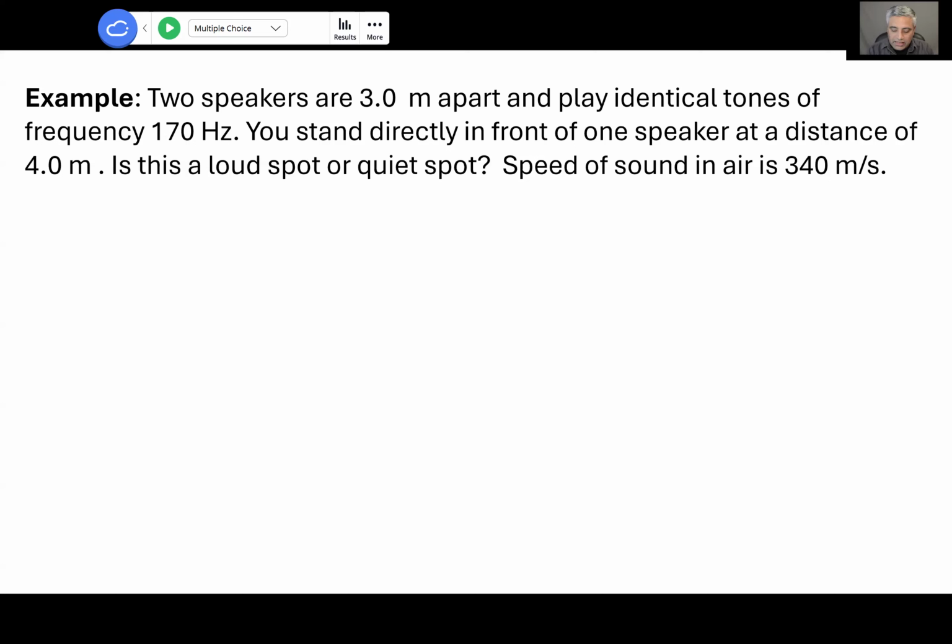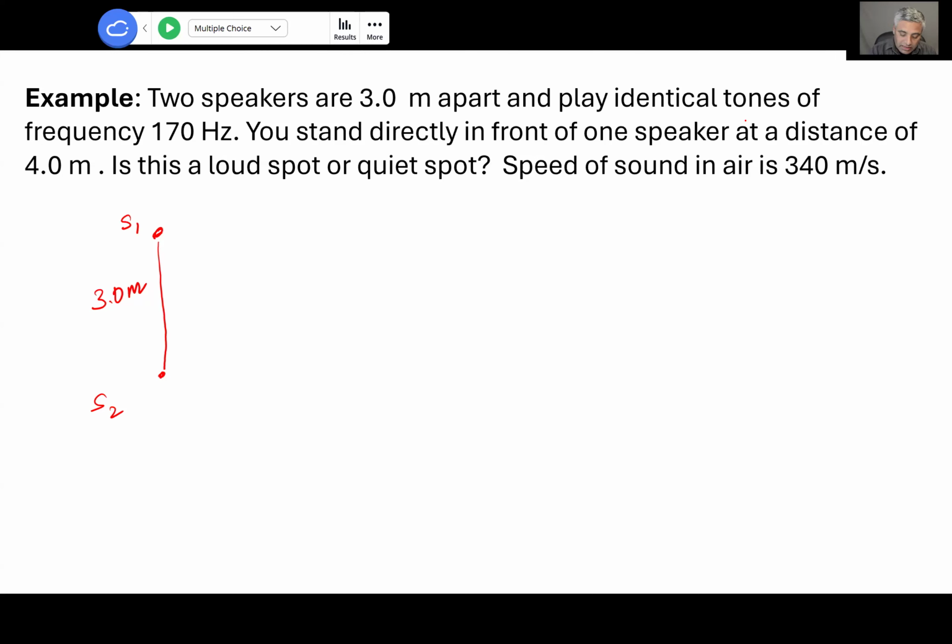Here it says two speakers are 3 meters apart. So let's say there is speaker number 1 and speaker number 2, and the distance between them is 3.0 meters. It looks like this problem is a two sig fig problem.